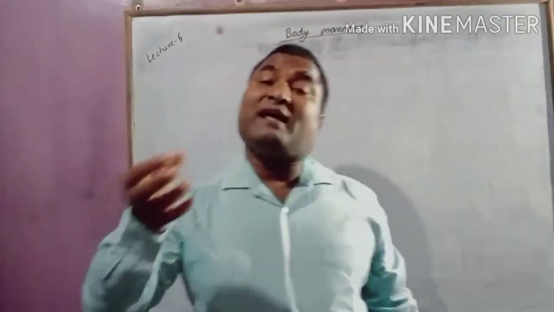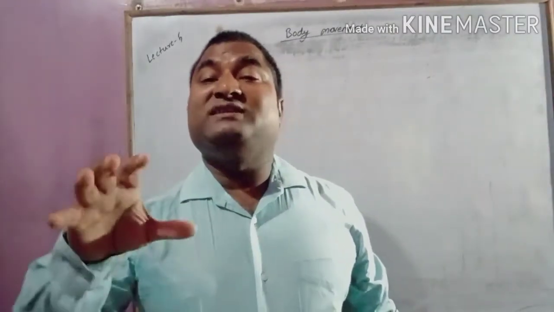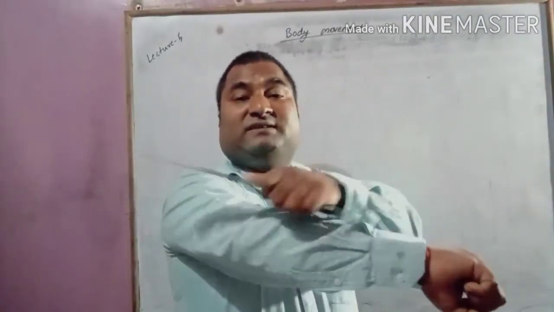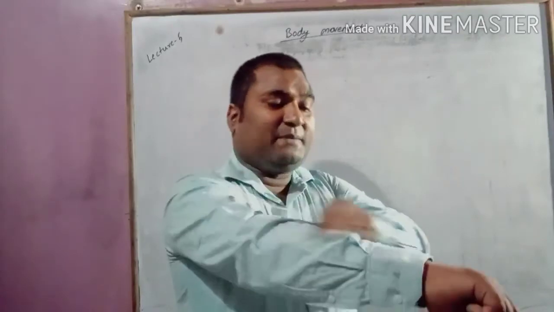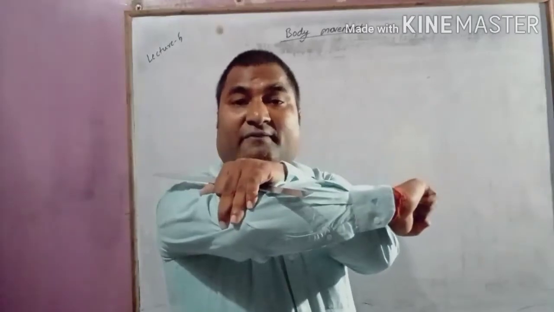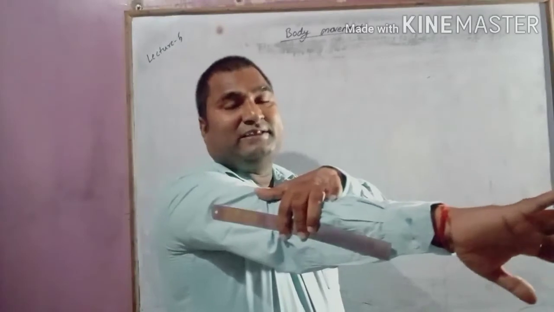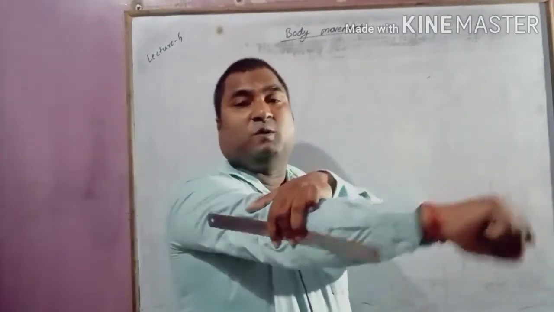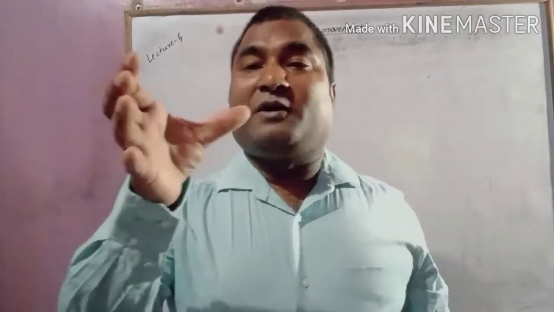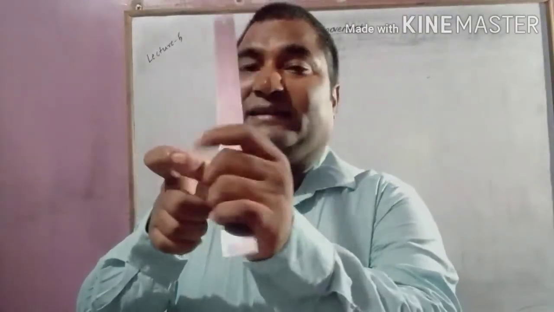Any movement that is taking place in our body is due to these kinds of joints. Imagine there is no joint, and one long straight bone runs from here to here. Can we bend our hand? To simulate that, tie these two. Can we bend this? No. If I want to hold this, I need my fingers to bend.